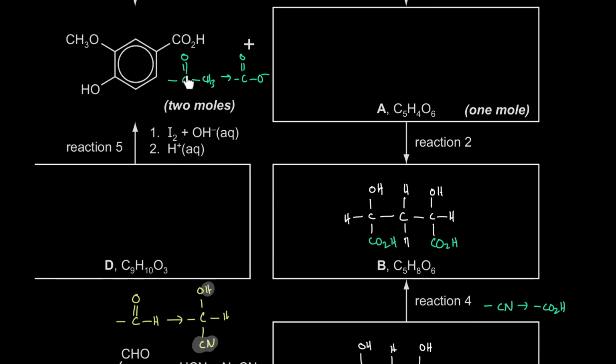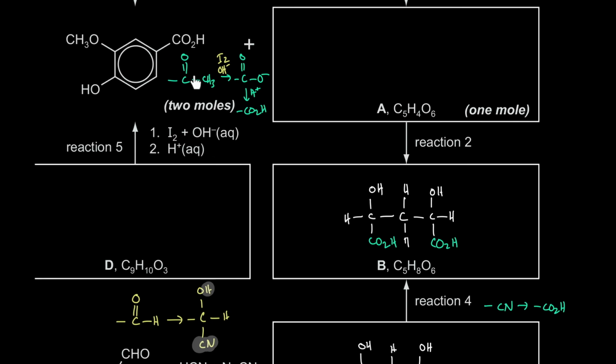So if we react a methyl ketone with alkaline aqueous iodine, we're going to get a salt of the carboxylic acid, and then when we acidify that, we use H plus, we end up getting a CO2H group. So this CO2H group was initially a methyl ketone group.